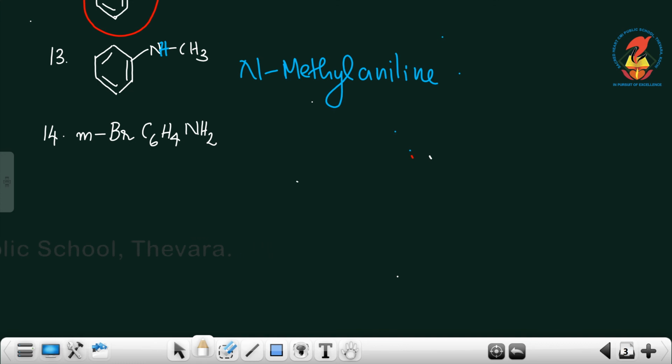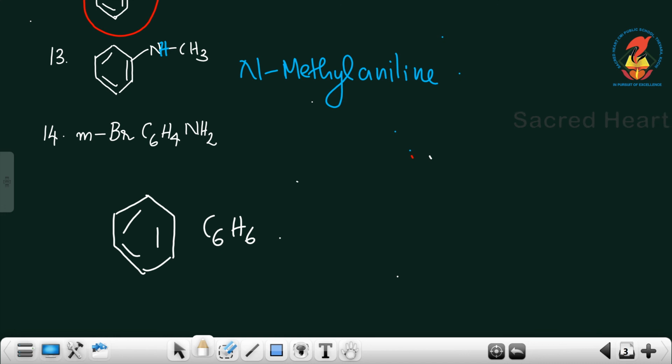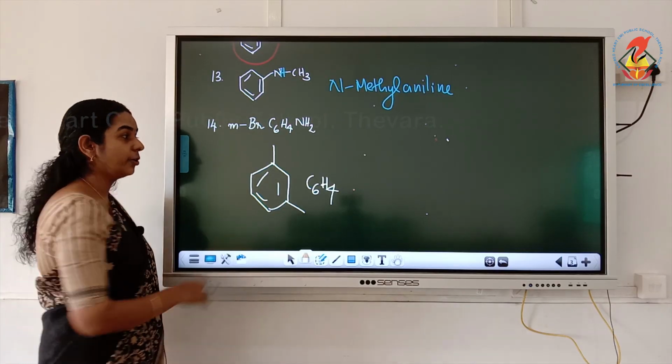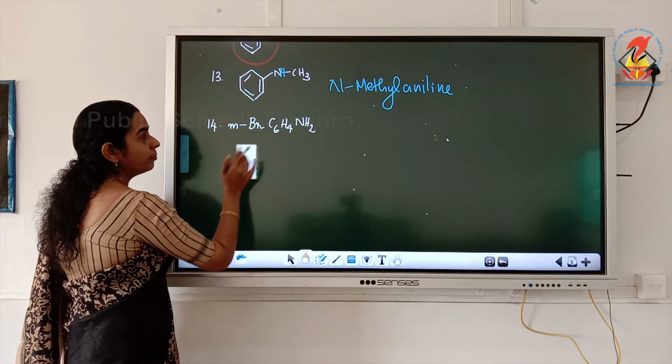Now in the last question, it is given as m-Br-C6H4NH2. We know that m is the abbreviation of meta. So it is meta-bromo C6H4NH2. The molecular formula of benzene is C6H6. When a substituent comes on the benzene ring, it becomes C6H5. When 2 substituents come, it becomes C6H4, and with 3 substituents, 1 more hydrogen is reduced.